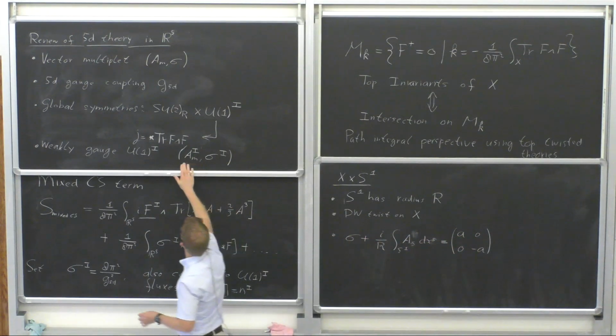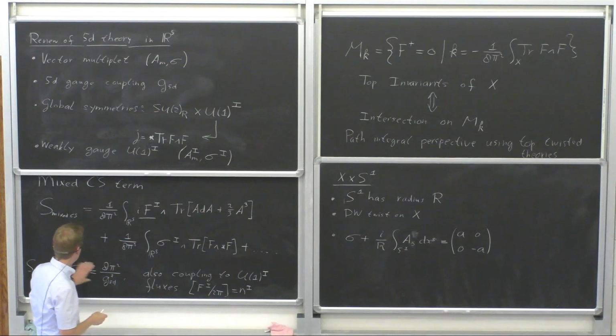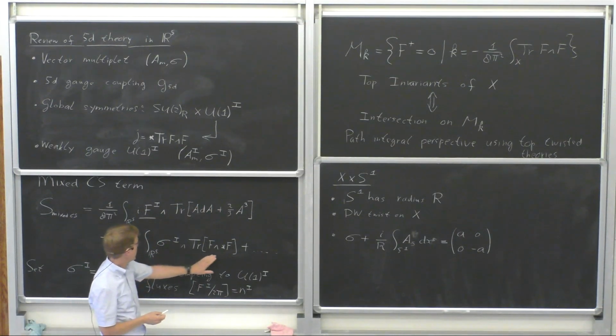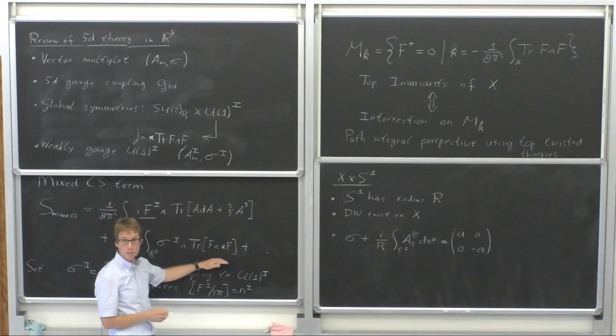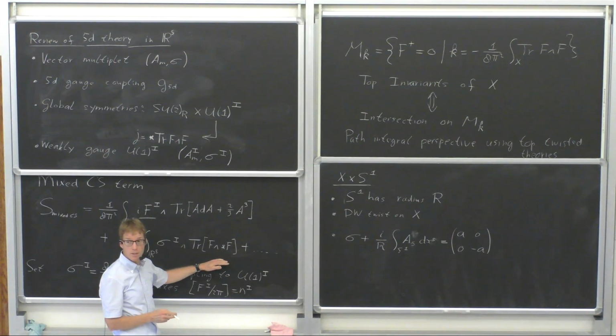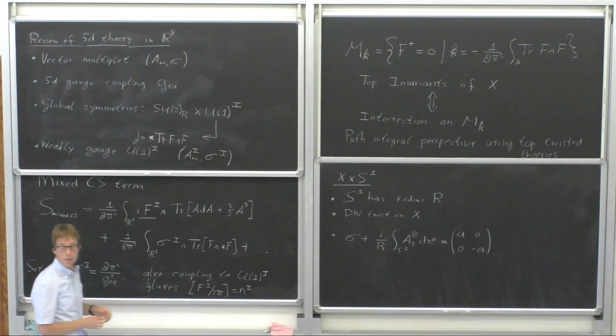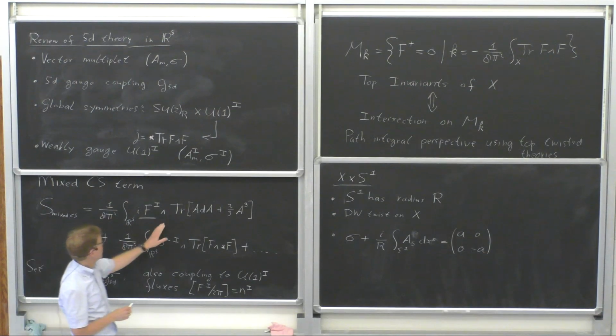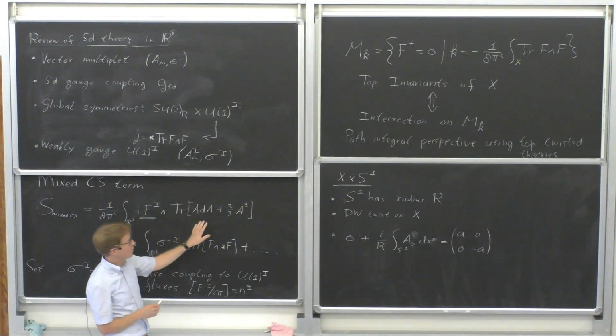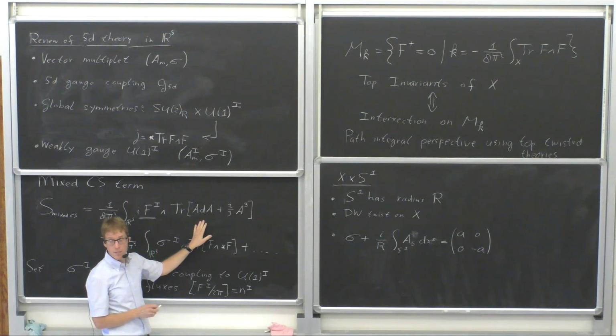If we make this choice, then we get the standard kinetic term of the dynamical gauge field, by supersymmetrizing starting from this term.